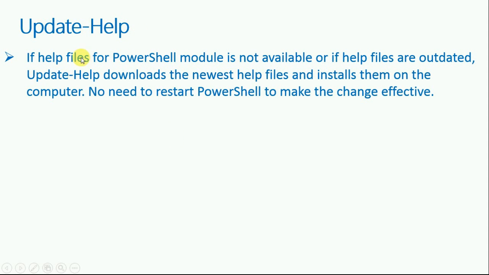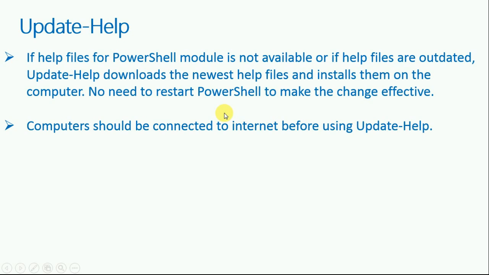Straight away we can use Update-Help. It will connect to the internet, download the help file and install it. And we can straight away start using Get-Help or any help related commandlet. No need to restart PowerShell.